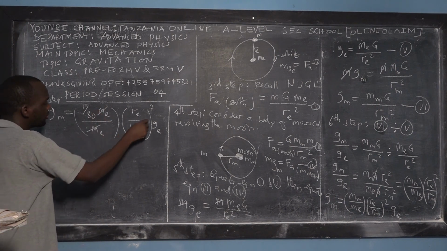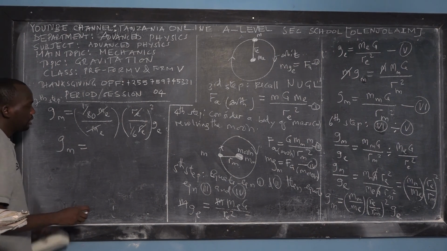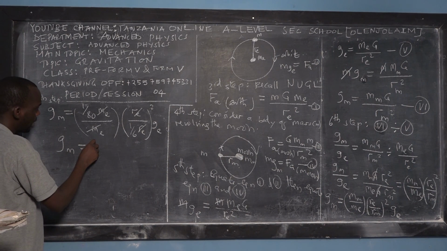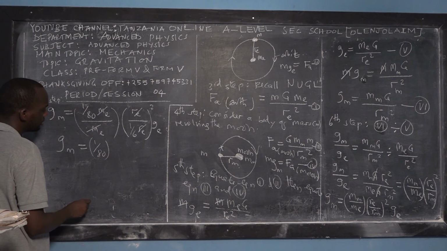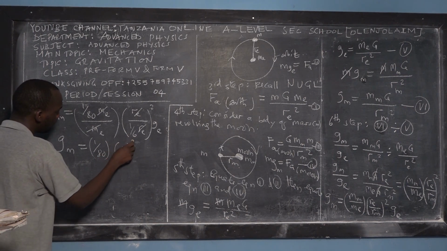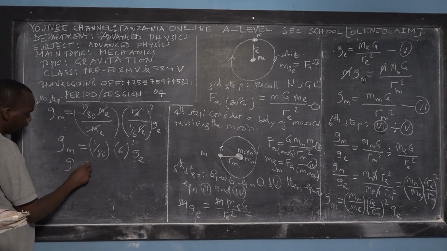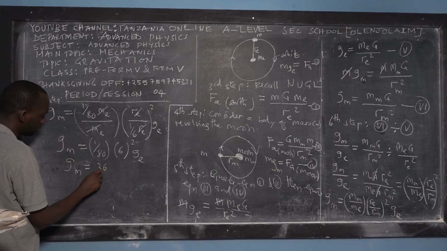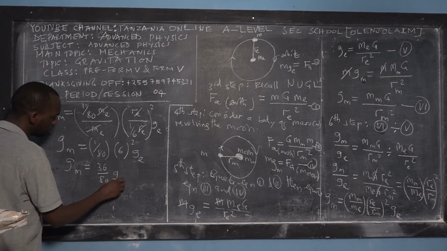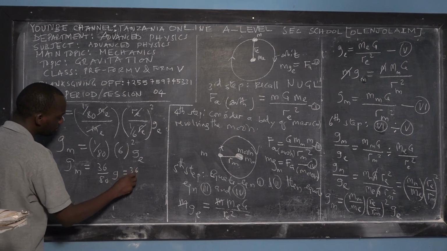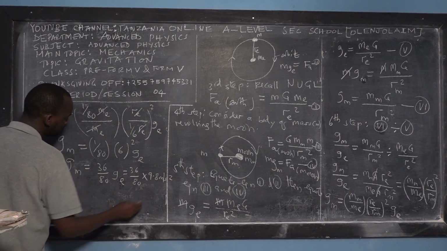So the mass of the moon cancels, the radius of the Earth cancels. The acceleration due to gravity on the moon surface will be 1/8 multiplied by 6 squared times g of the Earth. So the acceleration due to gravity on the moon surface is 6/8 times g on the Earth surface, which is 6/8 times 9.8 meters per second squared.